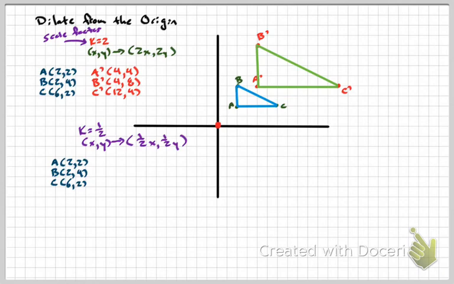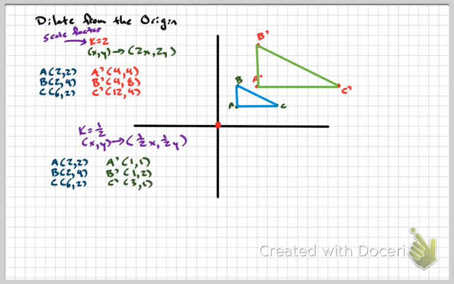So all I have to do is multiply every single point by 1/2, aka divide it by 2, and that's going to give me my new locations of my points. All right. So (2, 2) times 1/2, that becomes (1, 1). (2, 4) times 1/2 becomes (1, 2). And then (6, 2) times 1/2, or divided by 2, is (3, 1).